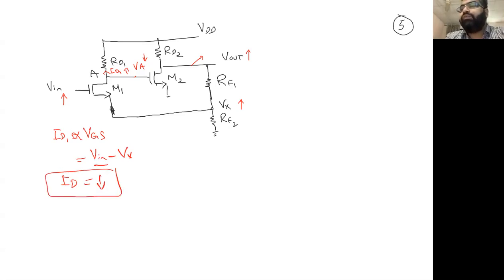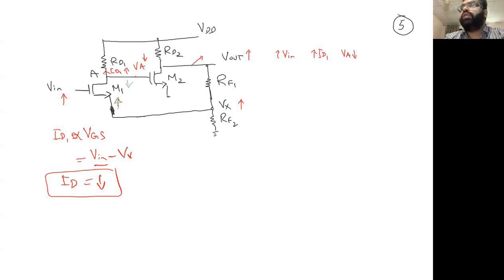You can see as Vx goes up, this potential goes up. ID1, let's make it green color. As it goes up in a feedback, ID1 goes down. So again opposite, again a negative feedback. Let me write it again for you. So V in goes up. Just make sure to identify these things. ID1 goes up. As ID1 goes up, the VA goes down.